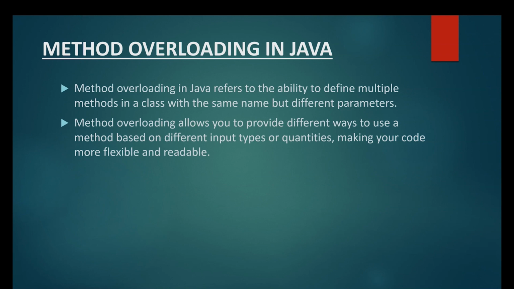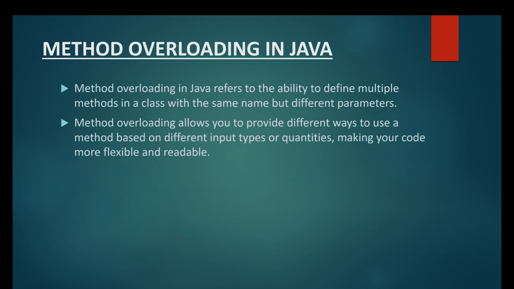The second point is method overloading allows you to provide different ways to use a method based on different input types or quantities, making your code more flexible and readable. Let me explain this point. Let us say you have written a method m1 and that method m1 is taking two arguments, int a and int b, and it is returning a plus b, I mean the addition of these two numbers.